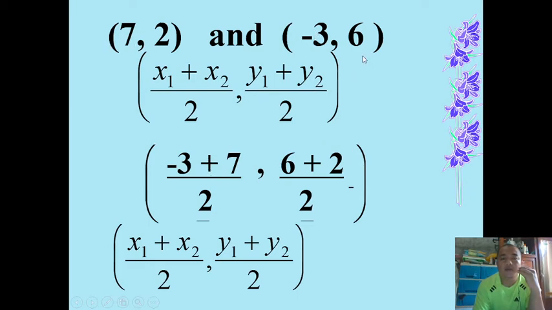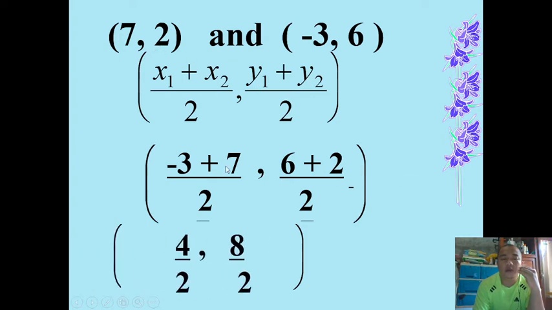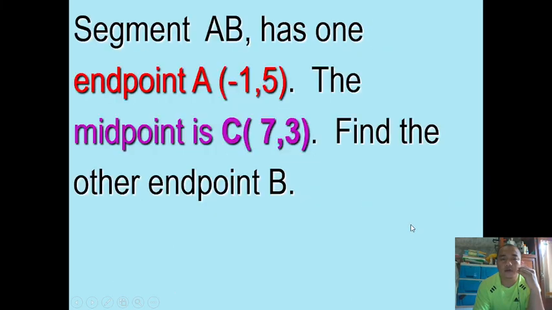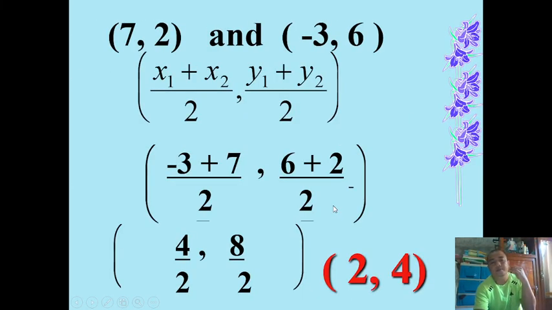For the y coordinate, add 2 plus 6, 6 plus 2 all over 2. So we have negative 3 plus 7 is 4 divided by 2. 6 plus 2 is 8 over 2. So the final answer is (2, 4). 4 divided by 2 is 2. 8 divided by 2 is 4. Okay, so the midpoint is at (2, 4).